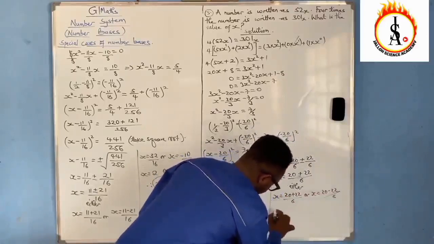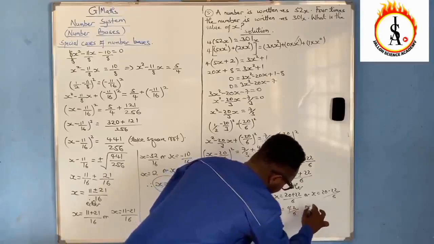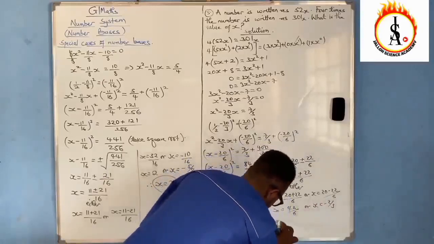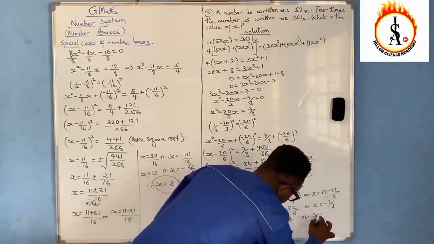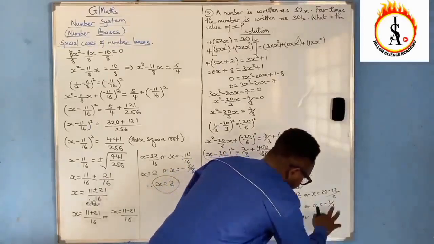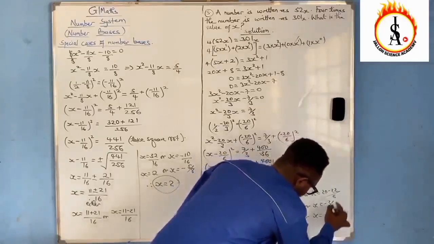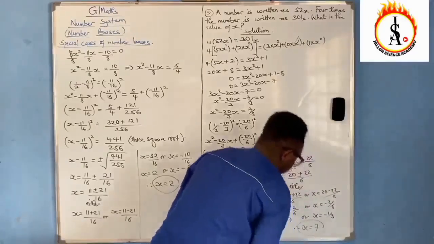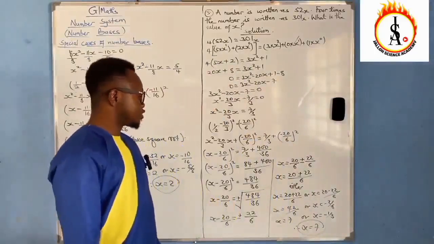So this plus this, x is equal to 42 upon 6 or x is equal to negative 2 upon 6. So here the value of x will give us 7, or the value of x will give us negative 1/3. Therefore, x is equal to 7. So the unknown we worked for is 7.